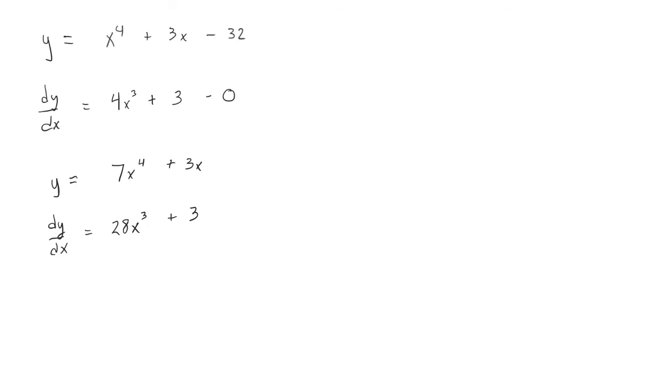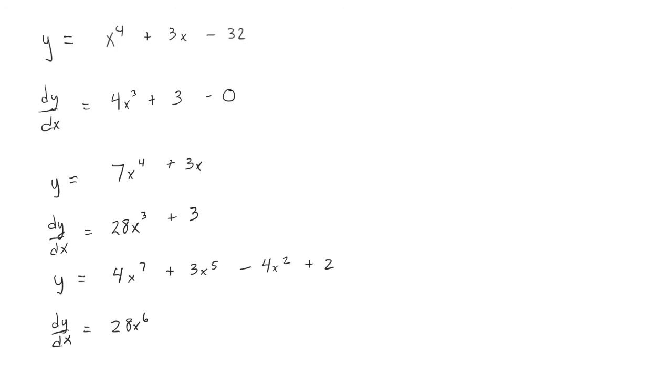And so look at something more general. Let's say y is equal to 4x to the seventh plus 3x to the fifth minus 4x squared plus 2. Then the derivative of y with respect to x is going to be equal to 28x to the sixth.